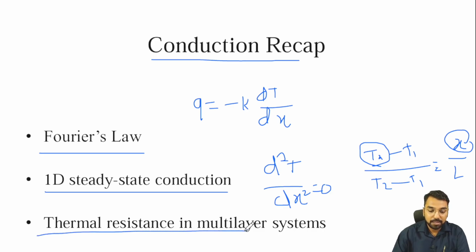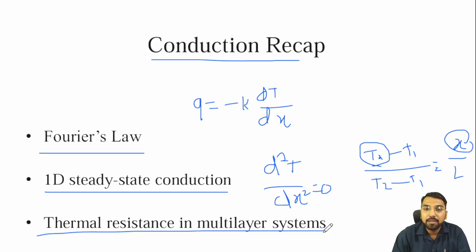Thermal resistance in a multi-layer system: as we have seen in conduction, for composite walls in series and parallel, the thermal resistance changes accordingly. As you learned in 12th standard, the electrical analogy for resistance, the same analogy applies here for thermal resistance. In series, the thermal resistances simply add up, so the total resistance is R1 + R2 + ... + Rn.